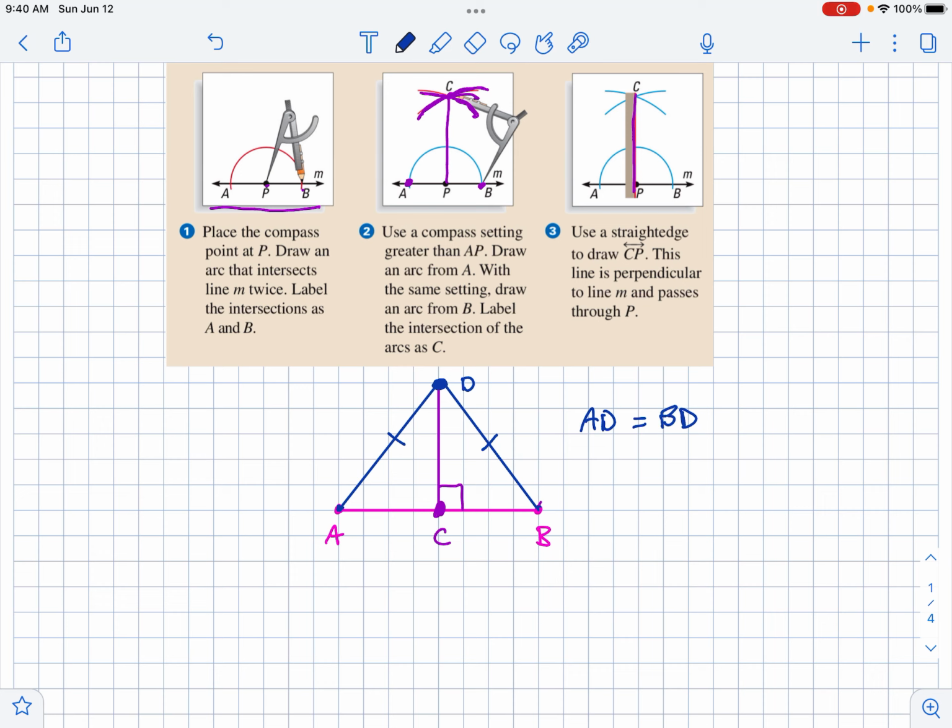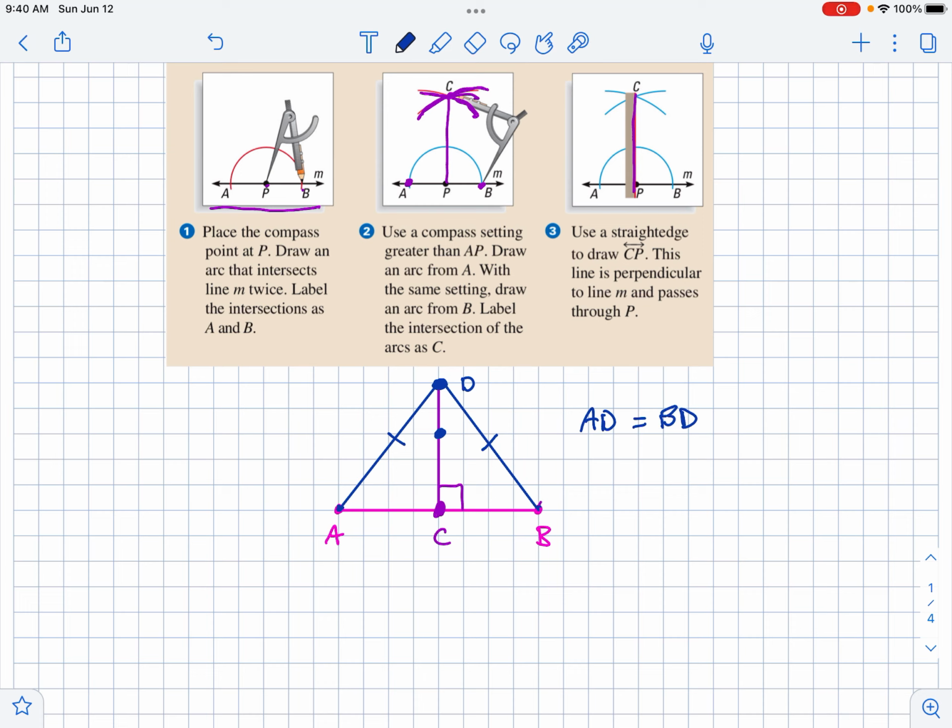Now, here's the point. Any location on here, if I choose right there, and I look at the distance from that point down to A and this point over to B, that distance is going to be exactly the same.